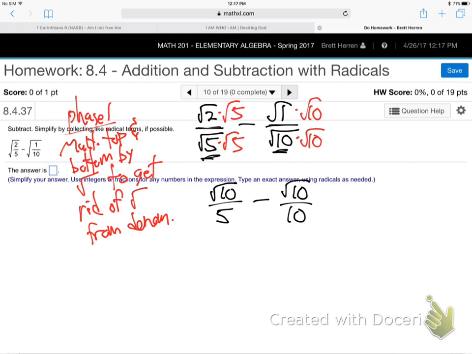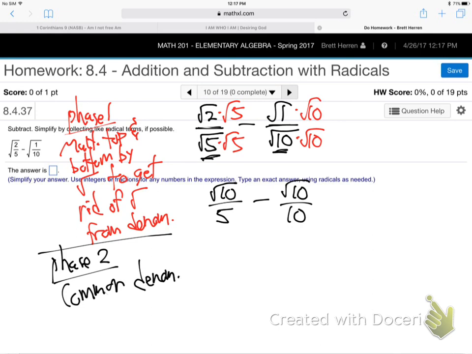Phase one is over. Now for phase two, what do we do in phase two? Common denominator. You've got to make the two denominators the same. Not roots. I don't care about roots. Roots are over. I got rid of the roots from the bottom. That's over. But now I've got to make the two denominators the same number.